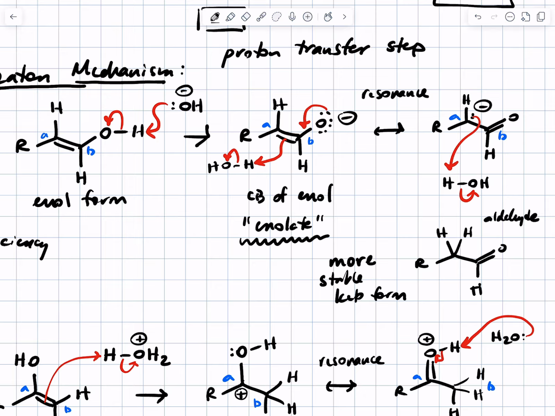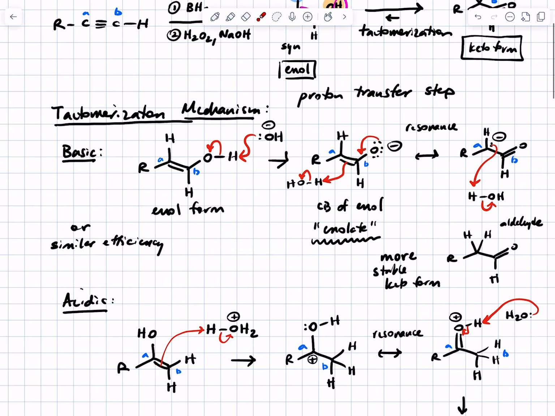It's an aldehyde because the oxygen of the enol was on the less substituted carbon. If you want, you can also show this mechanism from this resonance structure of the enolate. It just looks like electrons kick down to form a pi bond between oxygen and carbon B, and then carbon A picks up a proton as these pi electrons move over onto carbon A, and we steal a proton from water. All right, that's the basic tautomerization mechanism.